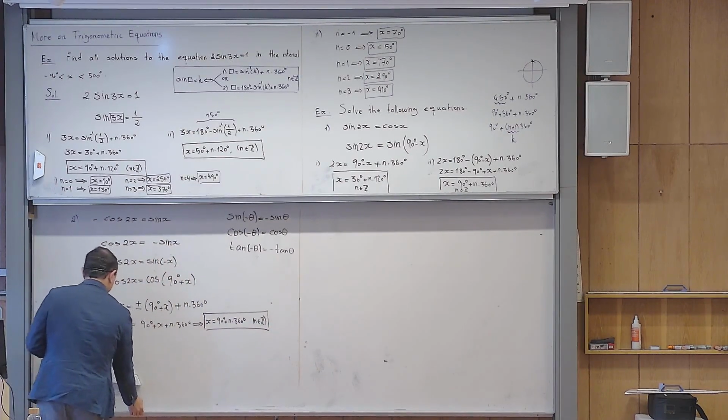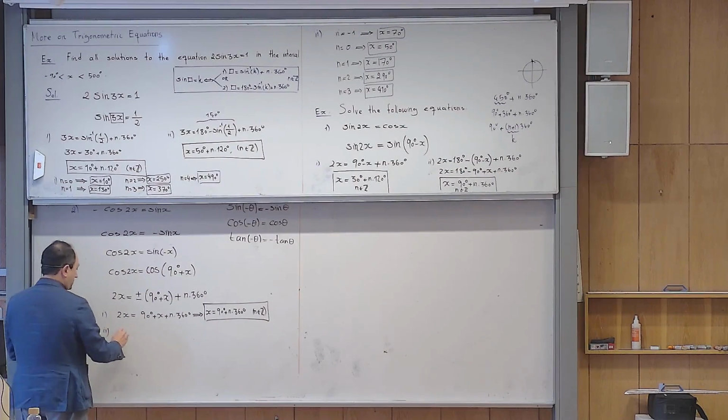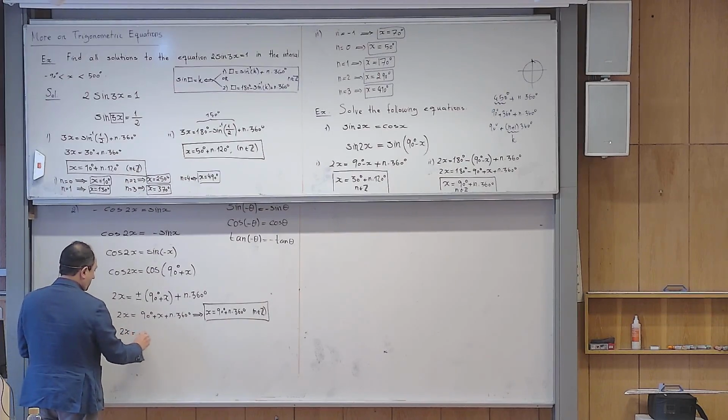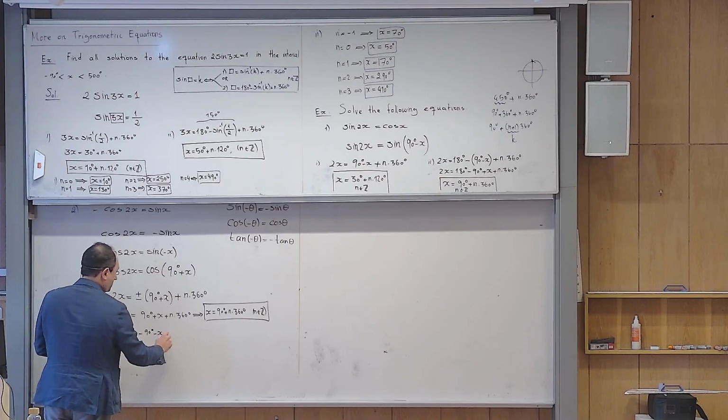And the other solution, I take the negative sign. So what happens? 2x equals minus, but the minus sign goes inside, so it becomes minus 90 minus x, and then plus n times 360 degrees.